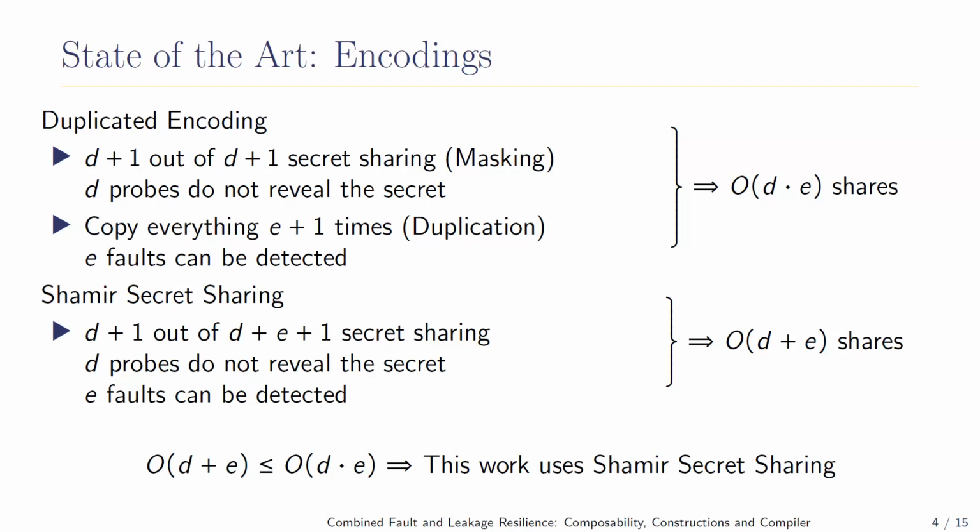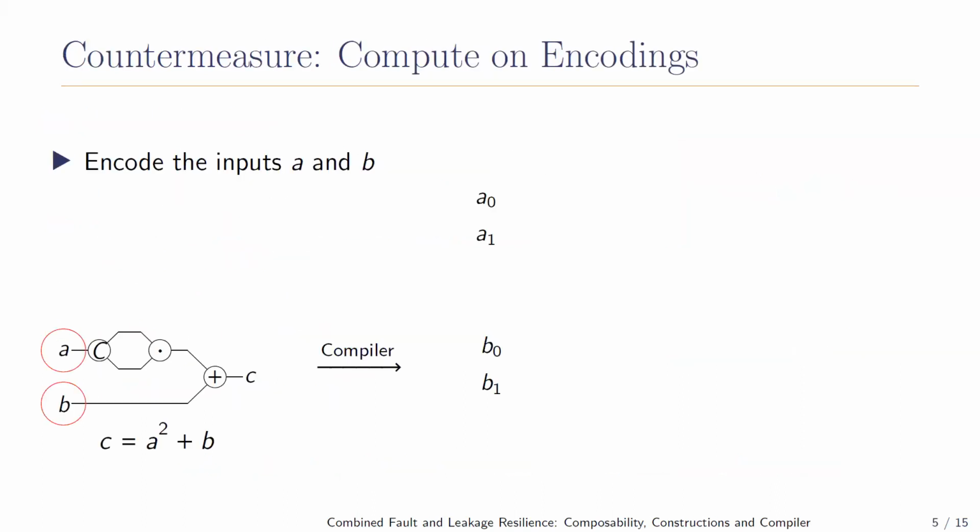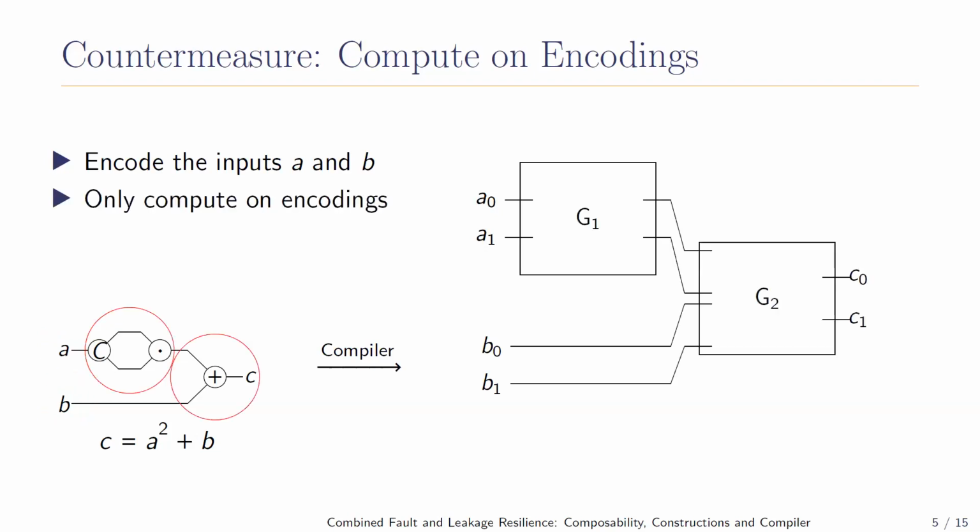Now I will show you how to also protect the circuit against those attacks. We take the unprotected circuit, encode the inputs and secrets, and transform each gate into sub-circuits that only compute on the sharings, such that they still have the same functionality as the gates.